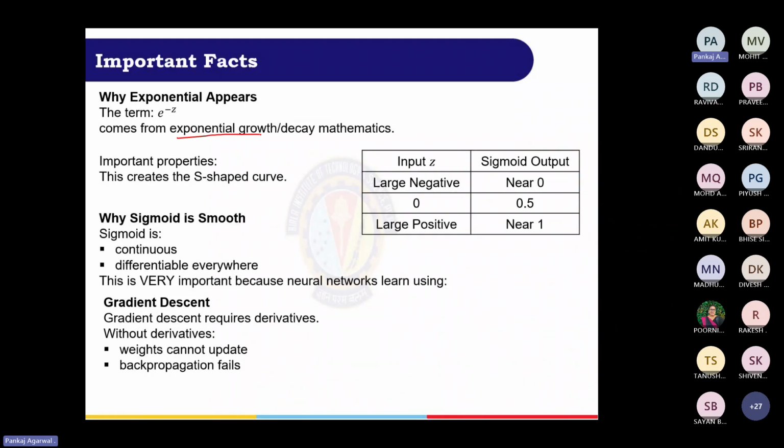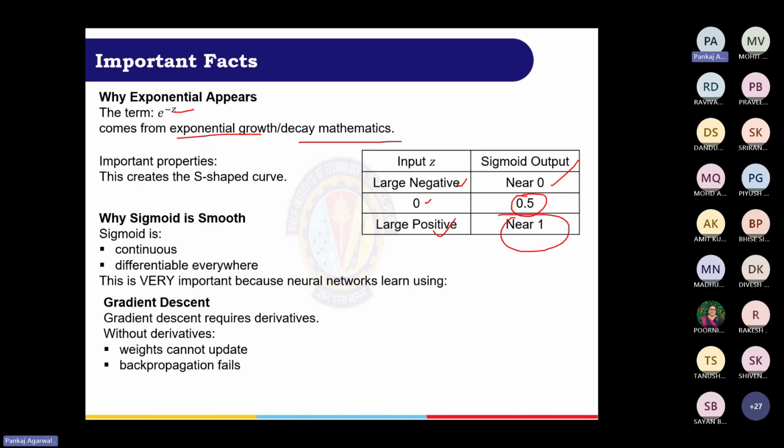Because it comes from the exponential growth or decay mathematics, obviously. If you see Z, which was the regression equation, if it is large negative, it would convert into near zero. If it is zero, it would bring me to 0.5 always. And if it is large positive, it would bring me near 1.